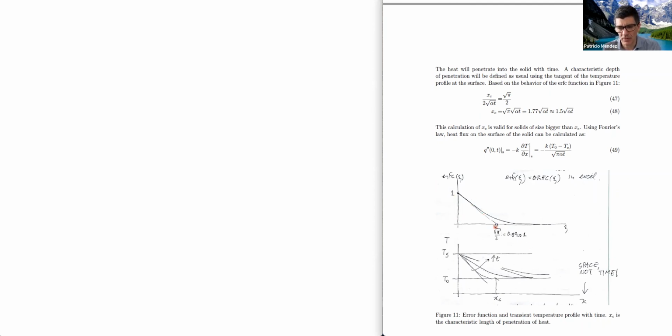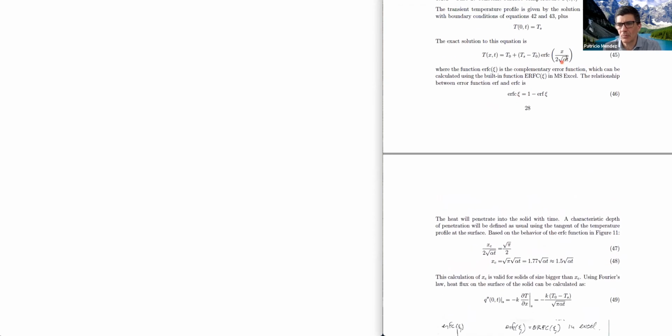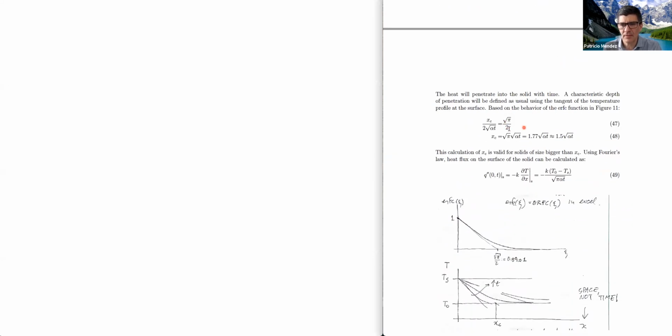This is our characteristic value. And I do this characteristic length, xc over 2 square root of alpha t, right, is what I have here, this argument of the error function. And I said this is square root of pi over 2. Yeah, this is the magnitude at which the error function has its characteristic value. If I set this up, then I can solve for xc. And xc is 1.77 square root of alpha t, right? It would be a square root of pi here, which is more or less 1.5.